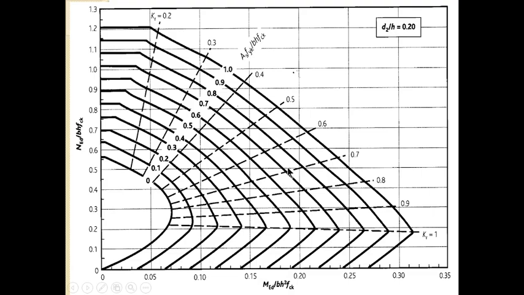Somewhere below, 0.5, 0.6, 0.7, 0.8. So if we project 0.18 up to 0.5, it is somewhere around here that we find ourselves.